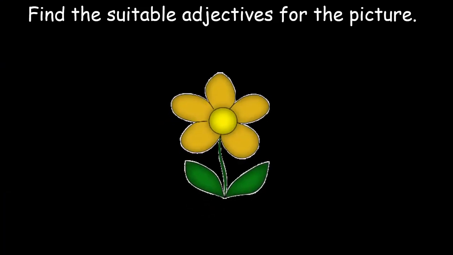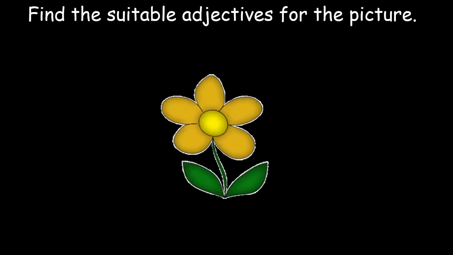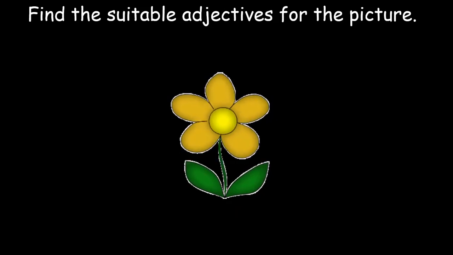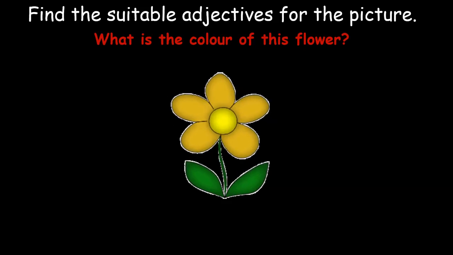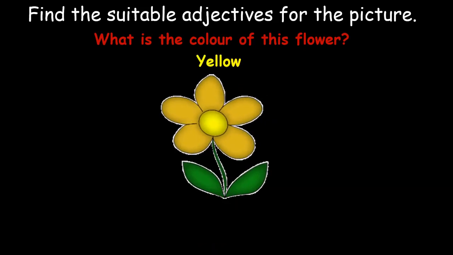Find the suitable adjectives for the picture. You know now that adjectives are describing words. It says something about a thing. What is the color of this flower? Good, it is yellow.